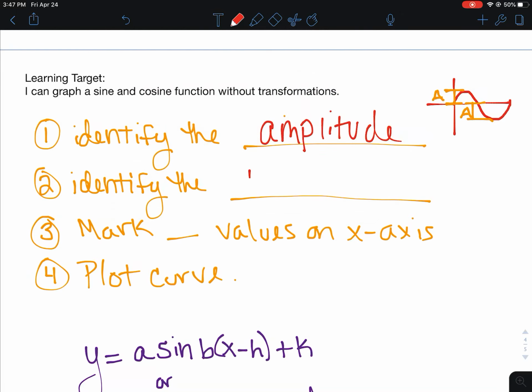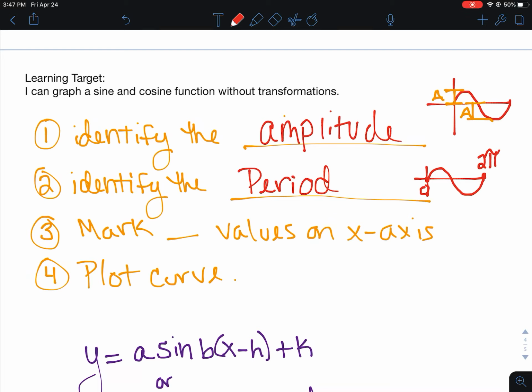The second thing we're going to identify is the period of the function. So we said with sine and cosine functions before, the parent function anyway, the period is always 2 pi. So that means that from 0 to 2 pi, that's how long it takes for the graph to start repeating itself.